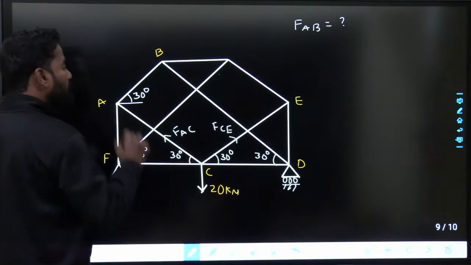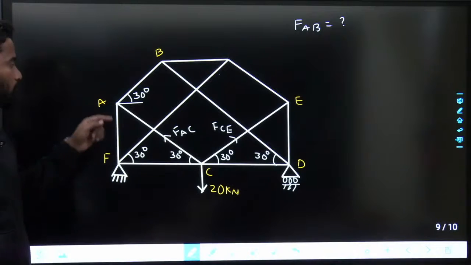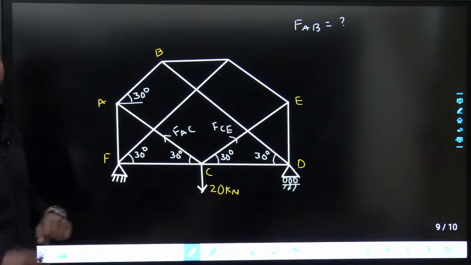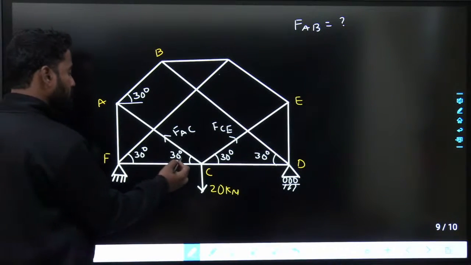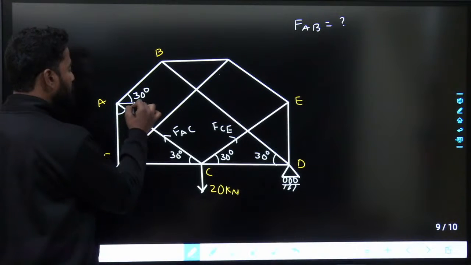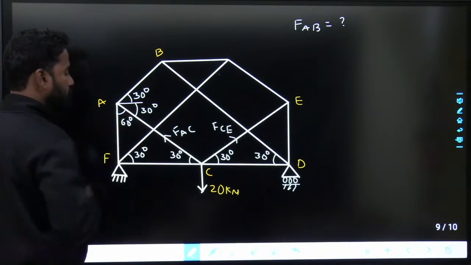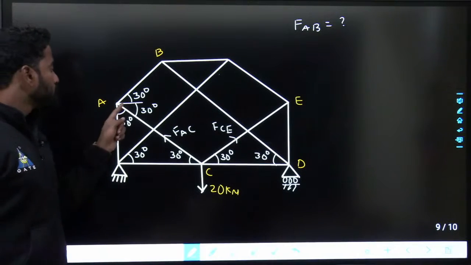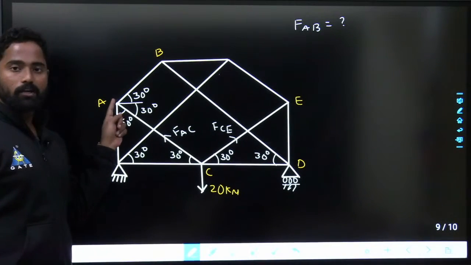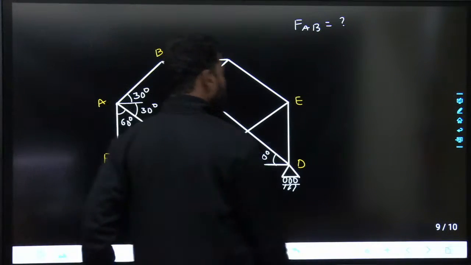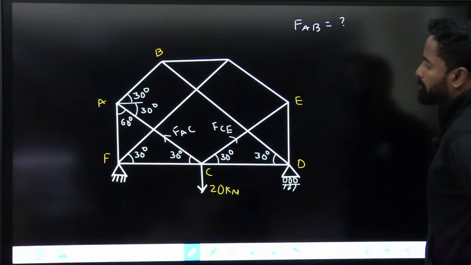Now if I take joint A, this angle is 30 so this would be 60, this is also 30 degrees, this is 60 degrees. Considering joint A, how many members are meeting over there? AB, AC, AF.